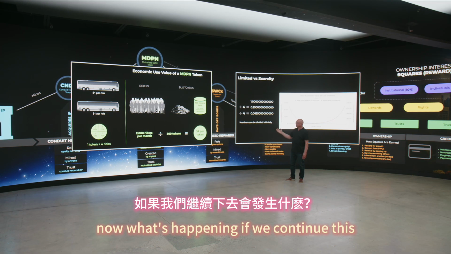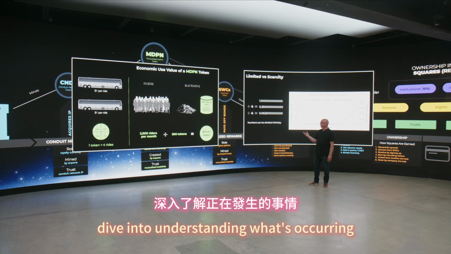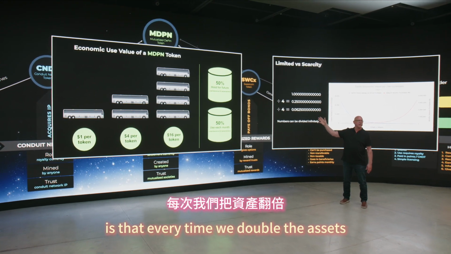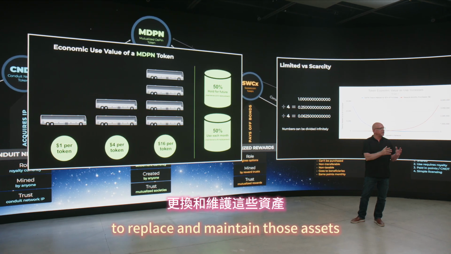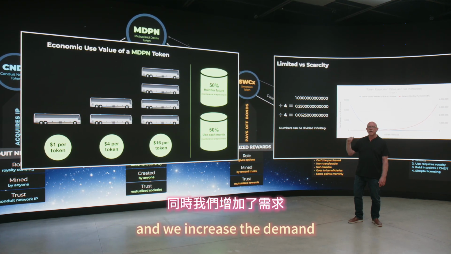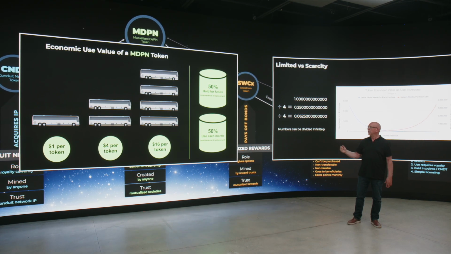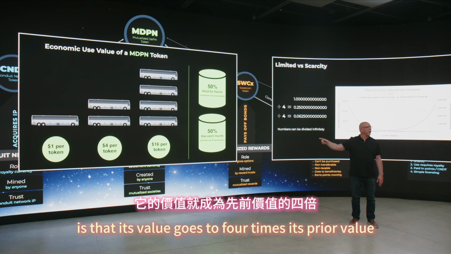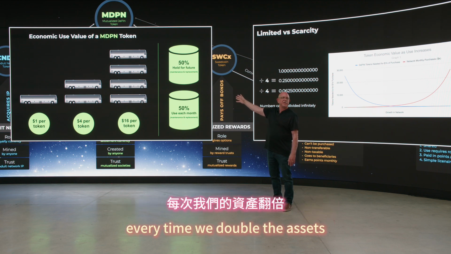Now, if we continue this dive into understanding what's occurring, every time we double the assets, if we set aside half of the token supply to replace and maintain those assets, and we increase the demand for the token in economic use, its value goes to 4 times its prior value. So from $1 to 4, from $4 to 16, every time we double the assets.